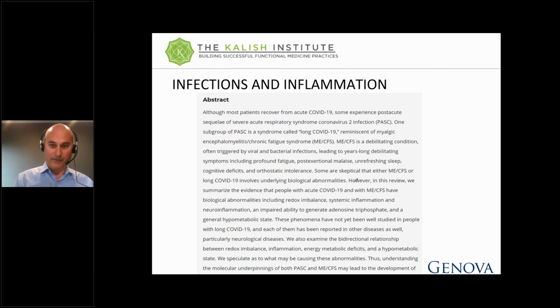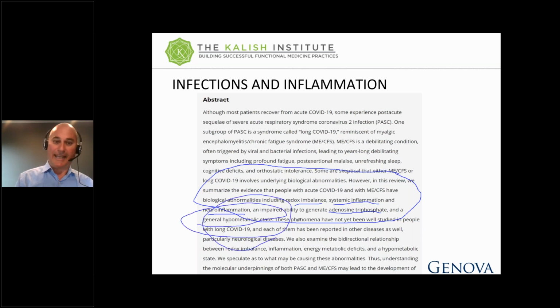there you go. In this review, we summarize the evidence that people with acute COVID-19 and with chronic fatigue syndrome have biological abnormalities, including redox imbalance, systemic inflammation, neuroinflammation, and impaired ability to generate energy, right, cellular energy, and a general hypometabolic state.